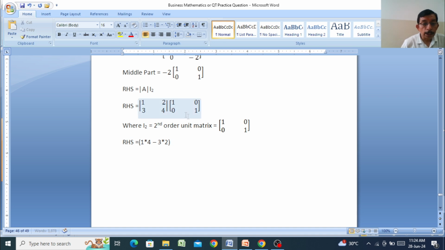And the identity matrix, note down the identity matrix. Simplify in the next step. 4 minus 3 times 2 is 6.